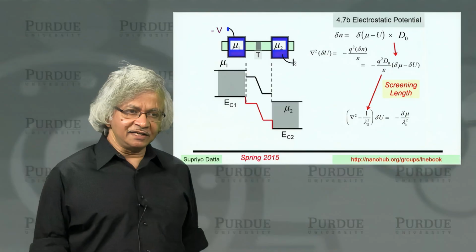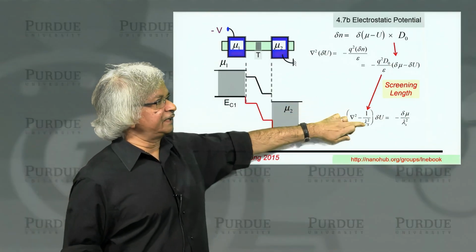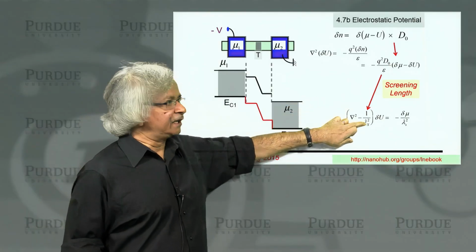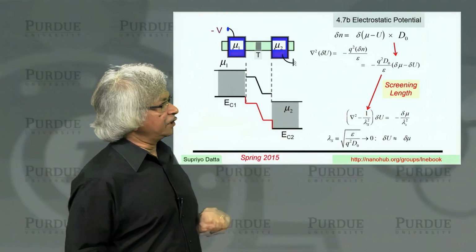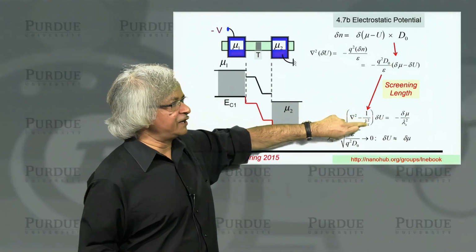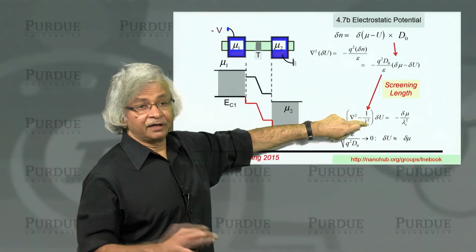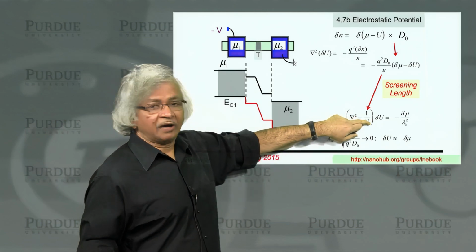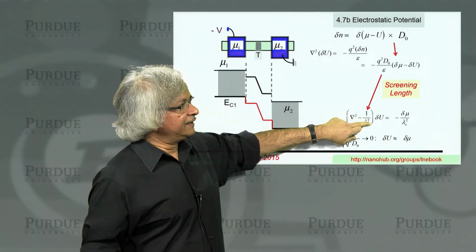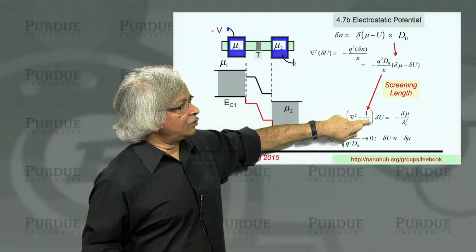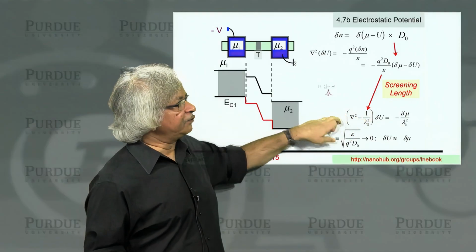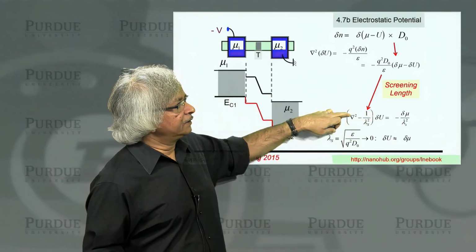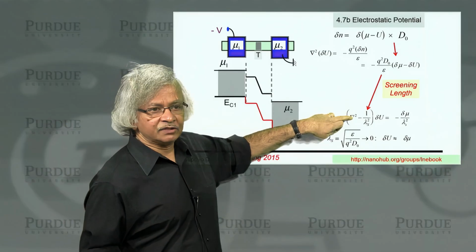Well, actually it's very easy if the screening length is very short. Because then what you could argue is, if this is very small, like a very conductive medium, very high density of states, then that quantity is so big that you can drop this first term here, the del squared.